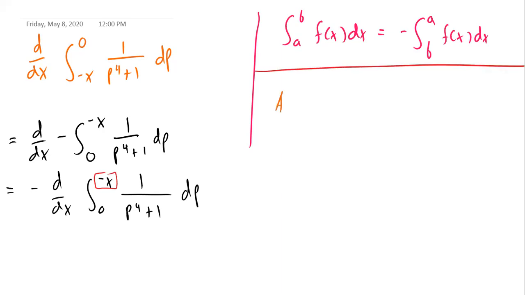As we know, the area function would just be the integral from 0 to x of 1 over p to the fourth plus 1 dp. So the area function is just the bottom is a constant, whatever constant you're working with, in this case 0, and the top is x. That's the area function. The reason for writing this in terms of the area function is, if you look at this, this is almost the area function. Instead of x, you have negative x.